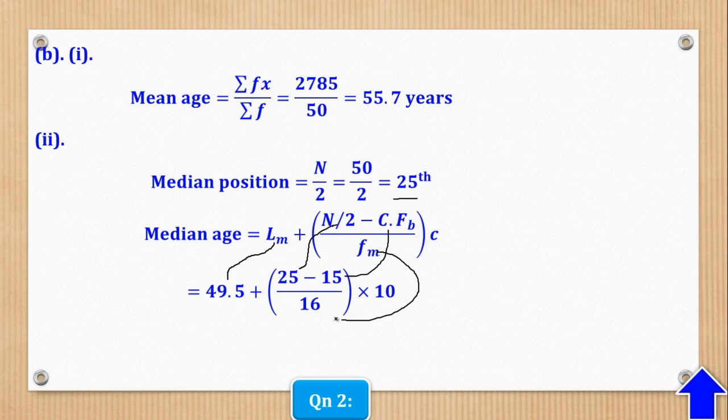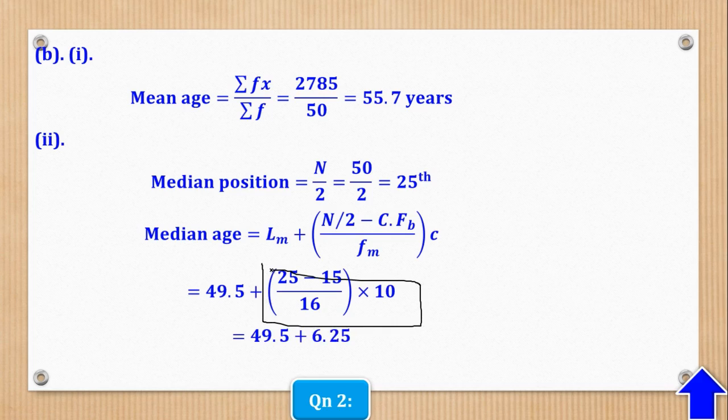FM is the frequency of the median class, and C is the class width. So when I use a calculator, simplifying only this part alone, I'll come up with 6.25, and when I add this, I'll come up with 55.75 years. So basically that's what they wanted, and now let's see how marks can be awarded.